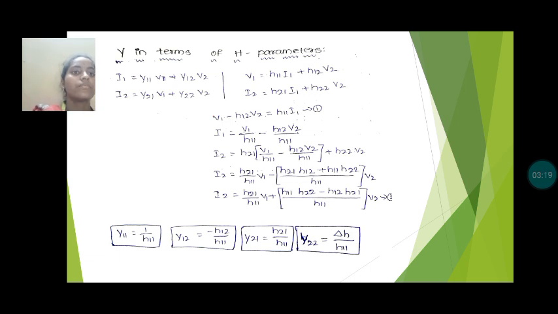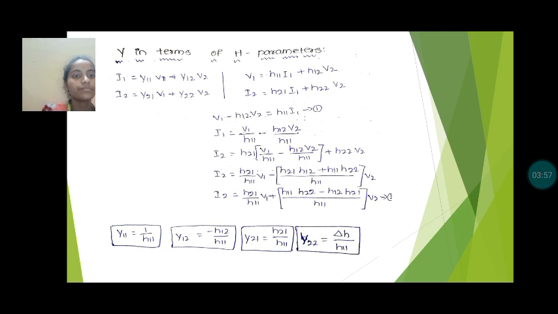Here I2 equals H21 into V1 by H11 minus H12 V2 by H11 plus H22 V2. So I2 equals H21 by H11 V1 minus (H21 H12 plus H11 H22) by H11 into V2, that is, I2 equals H21 by H11 V1 plus (H11 H22 minus H21 H12) by H11 into V2.